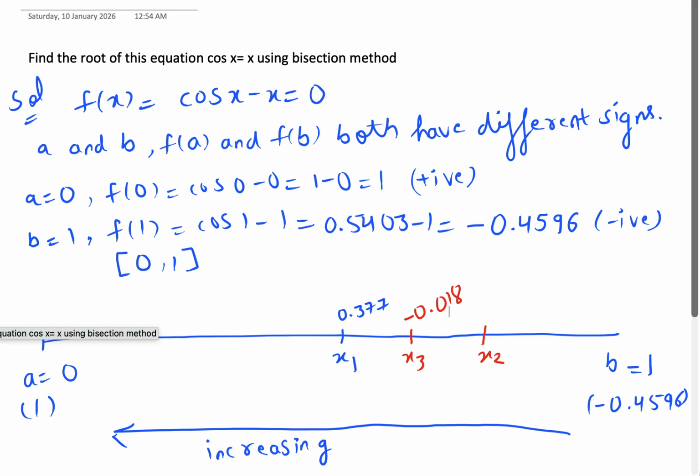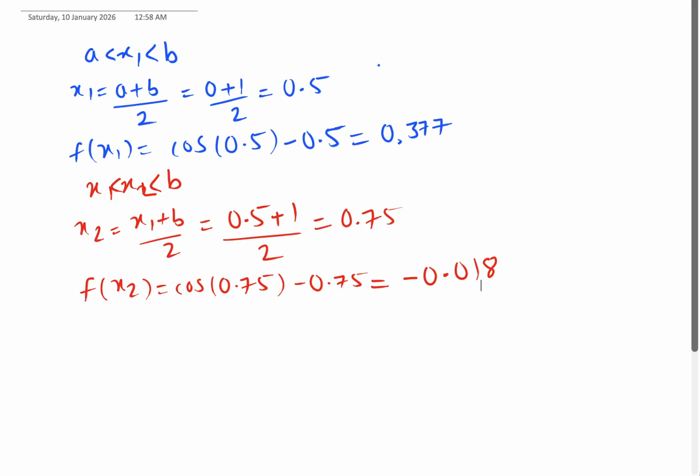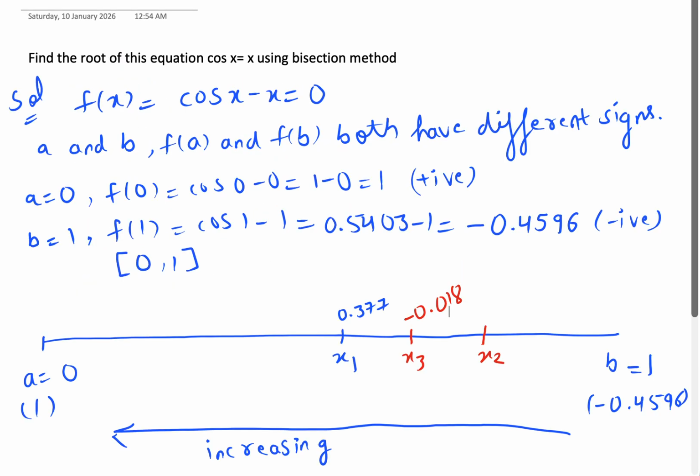Wait, I have made one mistake here. I have calculated the second root now, so it's f(x2). This is f(x2), it is negative 0.018. So now we need to calculate the third root.